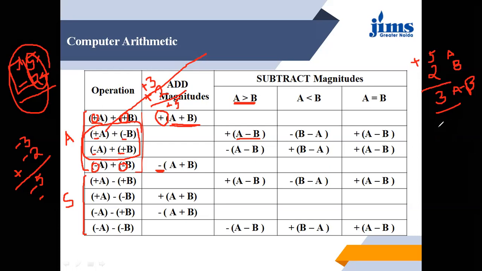Suppose this is minus 5 and plus 8, and we have to perform this addition. As the signs of both numbers are different, we subtract the smaller number from the bigger one. So this is 8 and this is 5, and 8 minus 5 is 3.